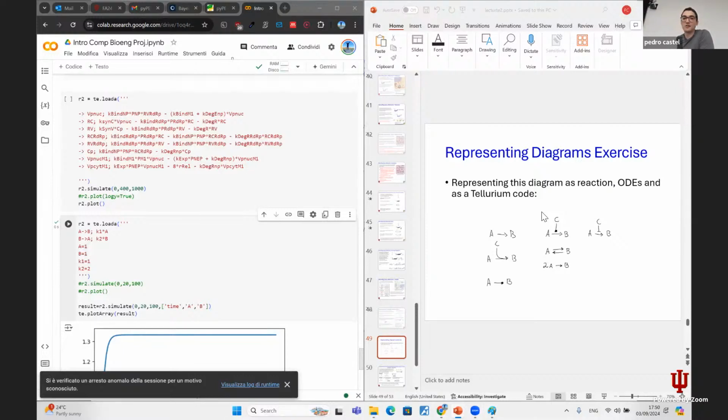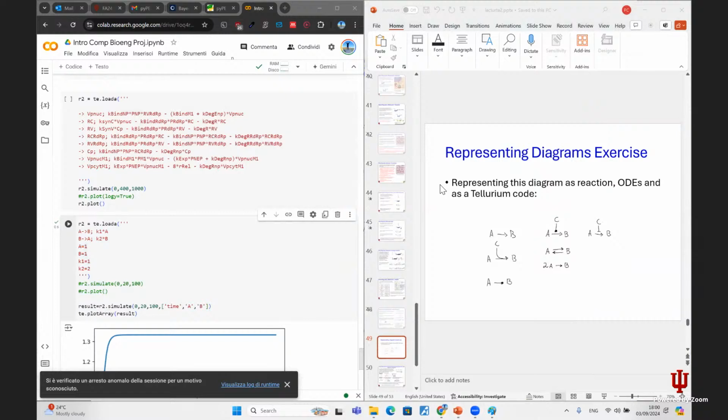We call it the limiting reactant, but it's also cool to see it on the simulation. So I'll give you 15 minutes to implement what I have, and then try the A plus C going to B.